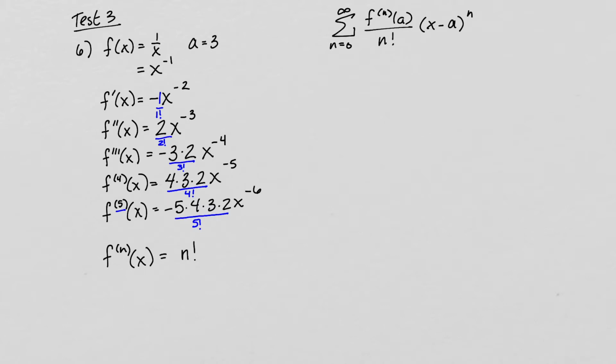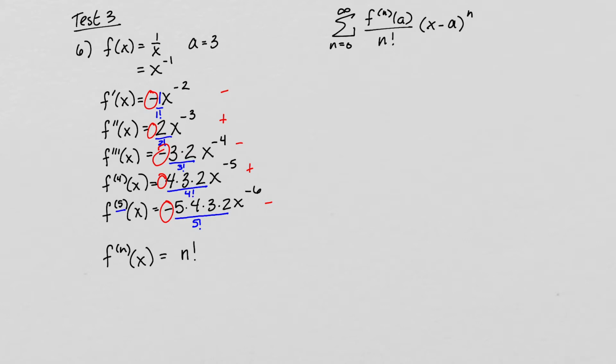Okay, so now another thing that I have going on is if you look, this is negative, then it's a positive, then it's a negative, then it's a positive, then it's a negative. Because I have a negative in front, I have nothing in front, so it's positive. I have a negative in front, I have nothing in front, I have a negative in front, so it's alternating.